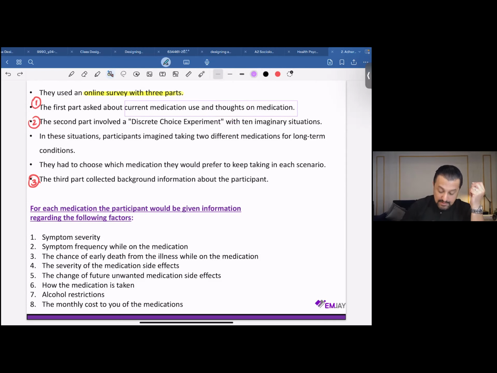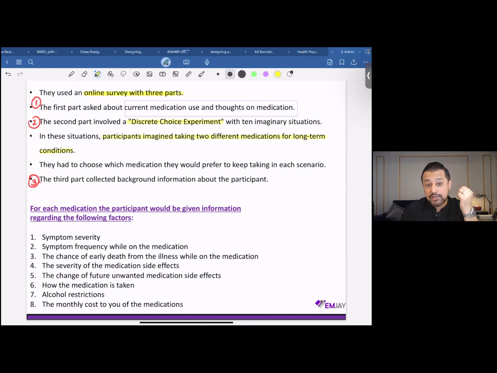Taking this ahead, the second part involved a discrete choice experiment with 10 imaginary or hypothetical situations. In these situations, participants imagined taking two different medications for long term conditions. They had to choose which medication they would prefer to keep taking in each scenario. So this second part comprised hypothetical questions.